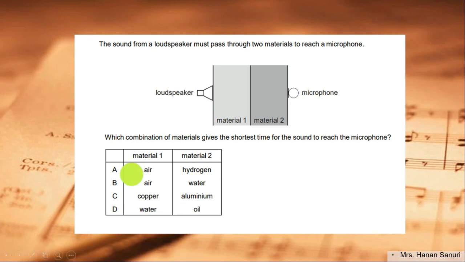So, let's read. Air, hydrogen, no. Air, water, no. Copper, aluminium, for sure, yes. Let's read the last one, water and oil. No, the answer is C because both of them are solids. So shortest time means fastest. In which two materials will the sound wave move faster? So the answer is C, copper and aluminium.